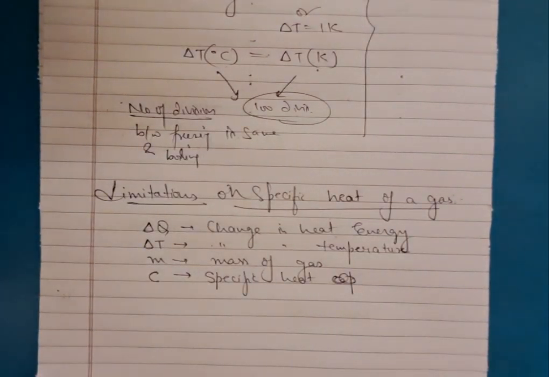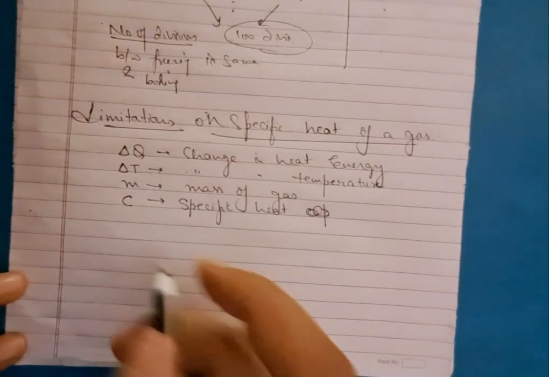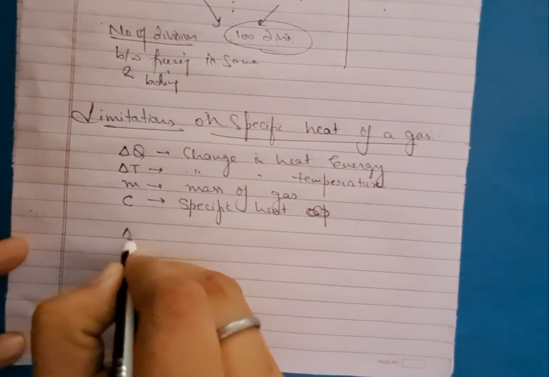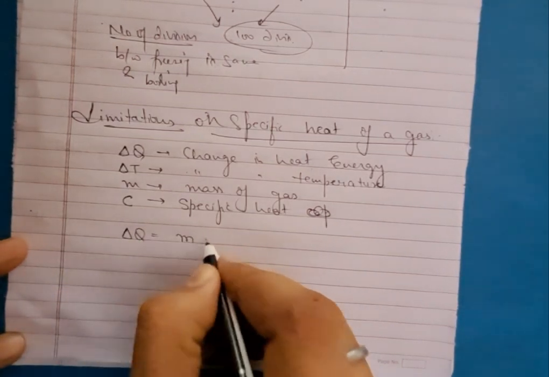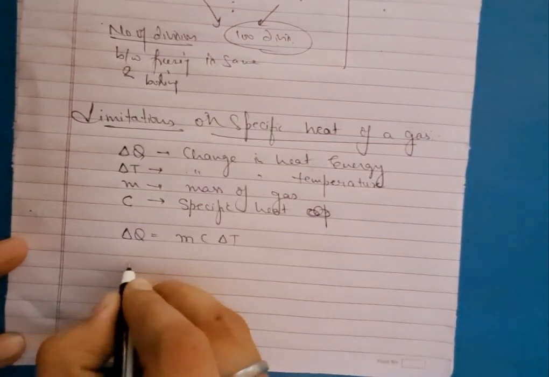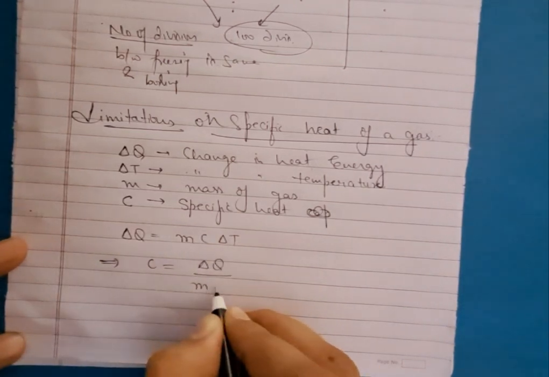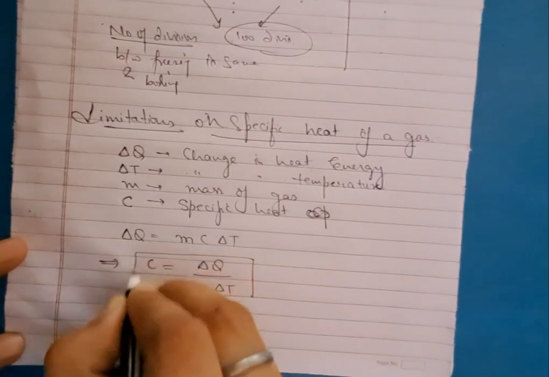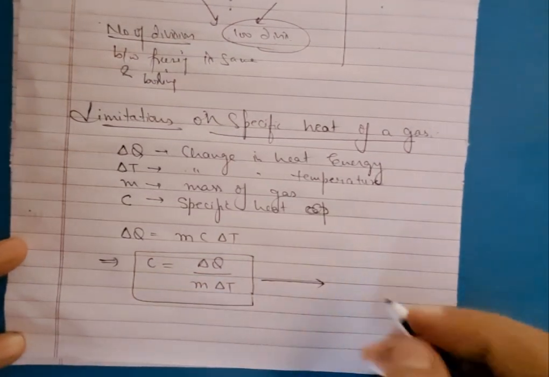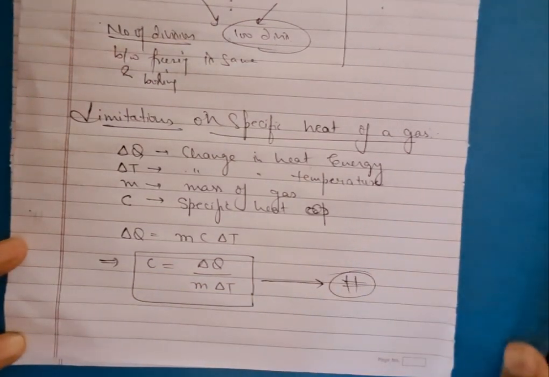So we come to the condition that delta Q equals m C delta T, and by this C equals delta Q by m delta T. Now these factors have to be considered.